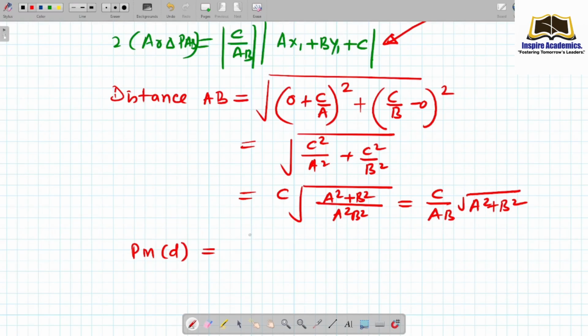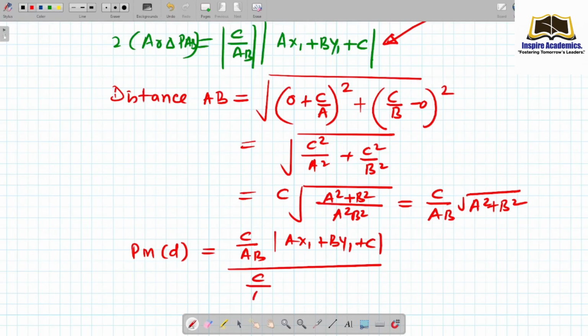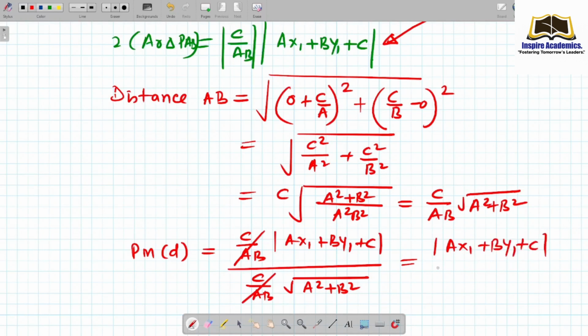C upon AB, then you have AX1 BY1 plus C upon C upon AB under root A square plus B square. So you can easily observe that it becomes AX1 BY1 plus C upon under root A square plus B square.